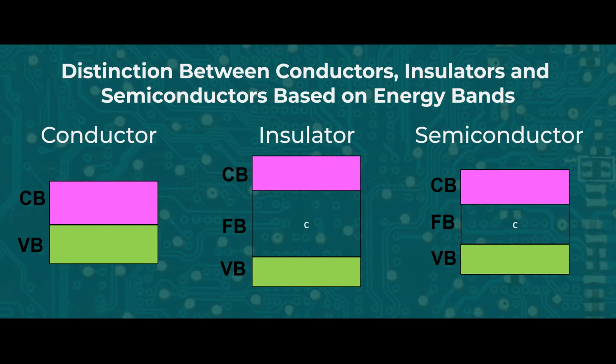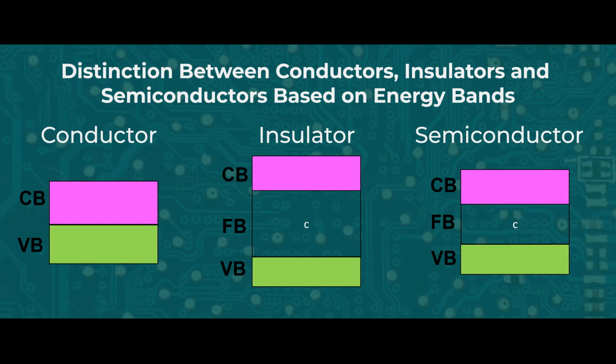So from here we can compare their conductivities. Since in the case of conductors there is no gap between the conduction band and the valence band, electrons from the valence band can easily move to the conduction band for conduction of electric current. Remember, for conduction of electric current, there should be some free electrons available in the conduction band.